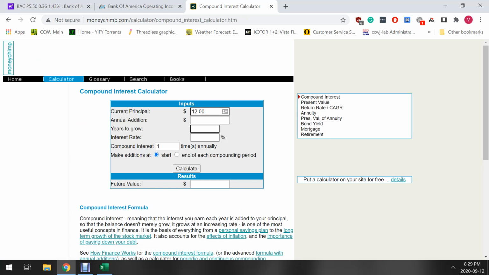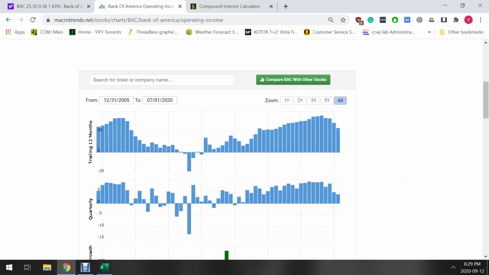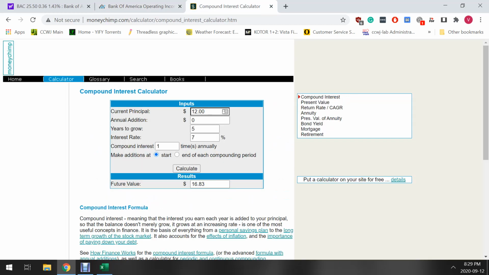And then the years to grow is, we are taking from 2015, so 5 years, 2015 to 2020. And you can pick an interest rate, let's say I picked 7%, right? Let's see. So it is showing the future value is 17, but what we want is to match this to around 23, 25, 28, roughly, to see at what rate the income of the bank is increasing, right, over the last 5 years.